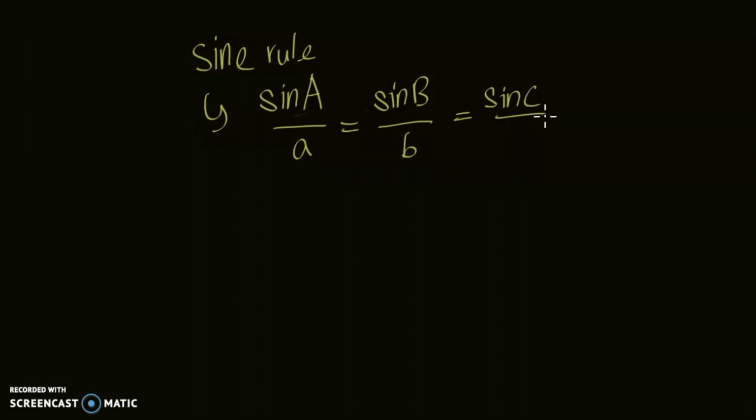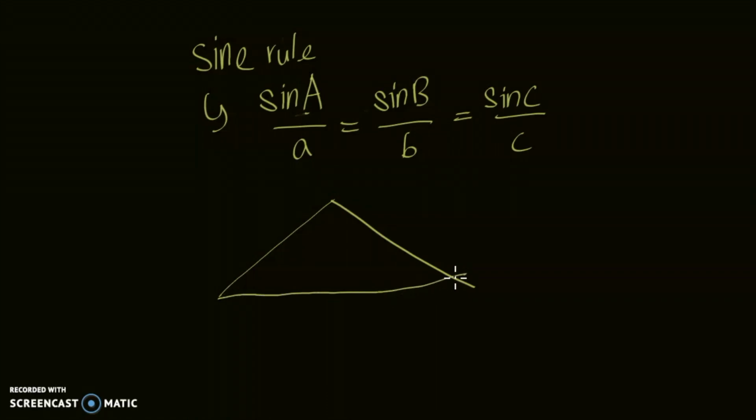So it's sine A over small a is equal to sine B over small b is equal to sine C over small c. So in what type of triangle would this sort of equation apply? We can imagine a triangle like this, any triangle. This should be a scalene triangle where there are three angles.